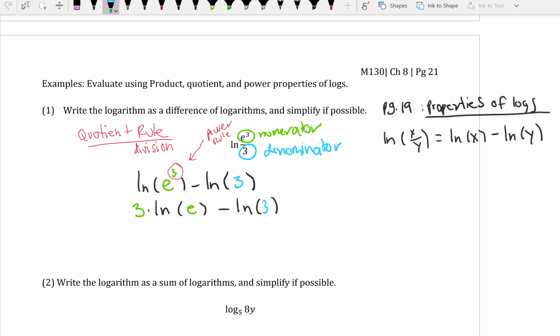And remember that whenever we see natural log and e, they cancel each other out. So we are left with 3 minus the ln of 3 as my final answer. That is as simplified as possible.